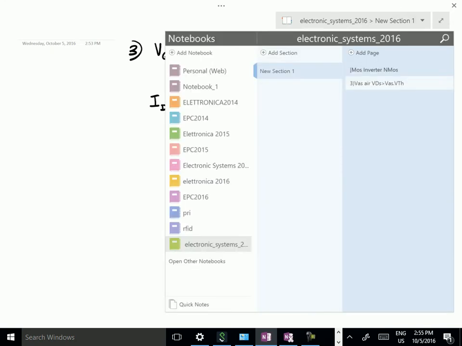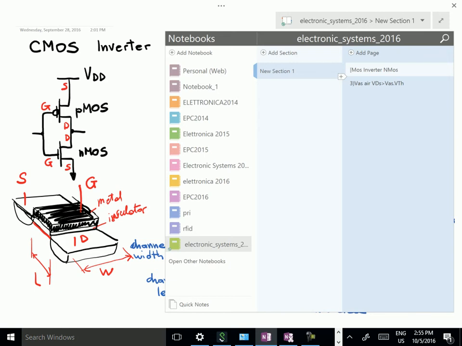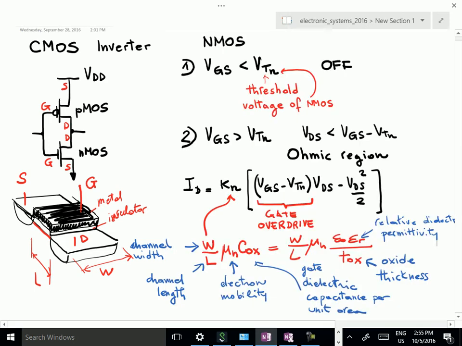Whereas for digital logic, the important regions of operation are the first two: the off region, in which the transistor behaves as a switch that is turned off, and the ohmic region, in which the transistor behaves essentially as a switch that is turned on, as a short circuit, more or less. This is what is important for the NMOS.